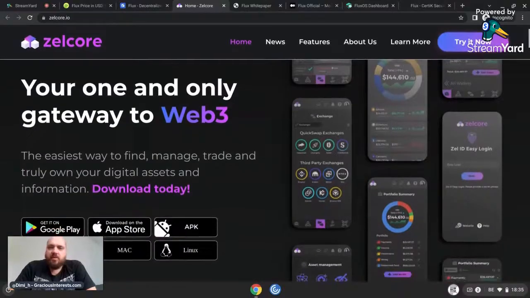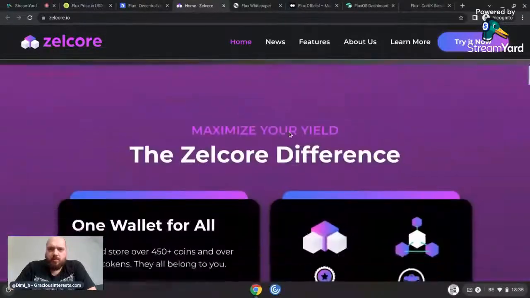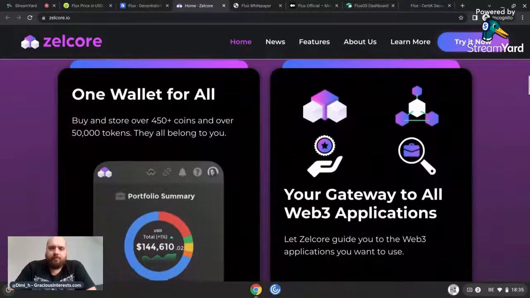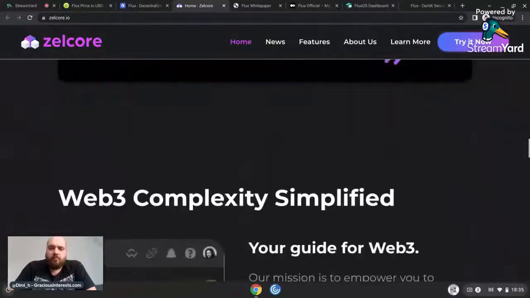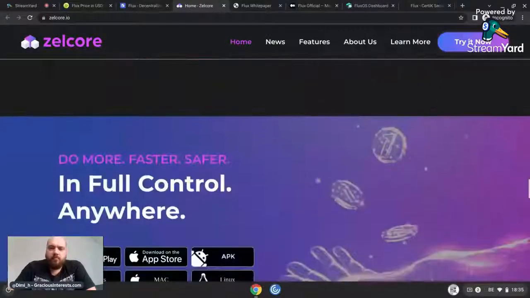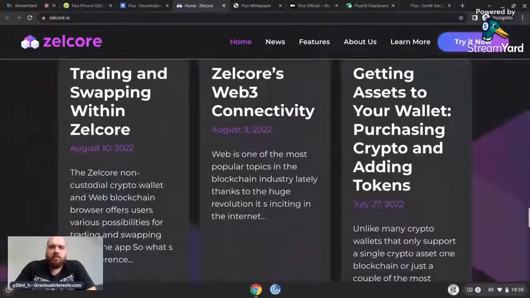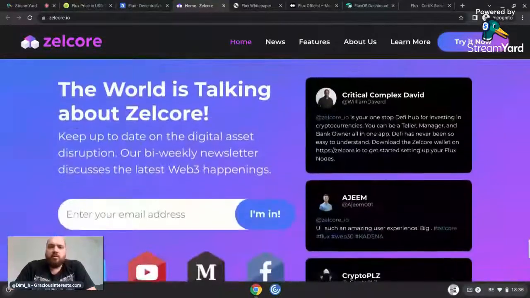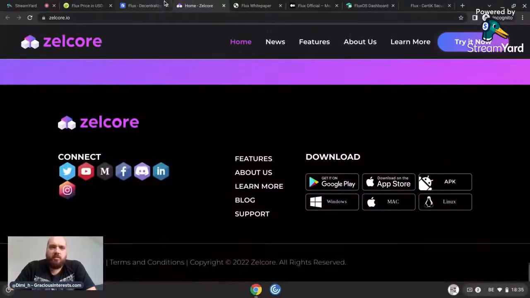It seems the idea was the same, but they revamped and modernized. Linux, APK, trading and swapping with Zelcore. So yeah, it's really a revamp that they did, it seems.